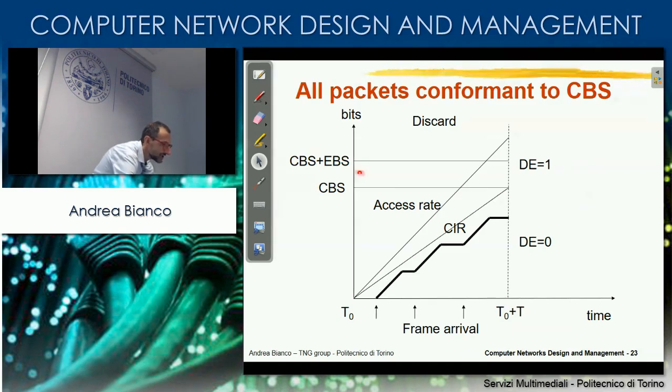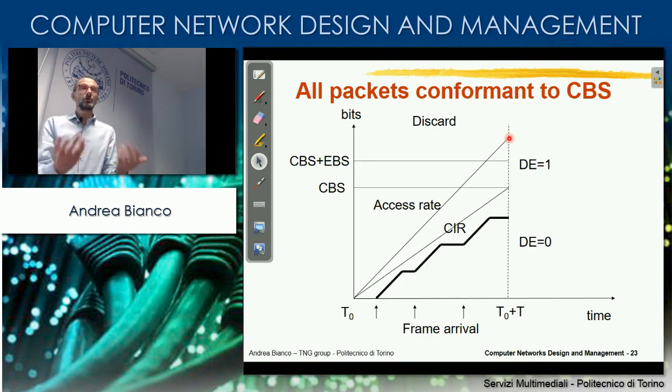So this is CBS. Suppose that we have this value of EBS. CBS plus EBS is something that we can send only with the DE bit equal to 1. Okay? Clearly CBS plus EBS should be an amount of bits smaller than this value here. Why?